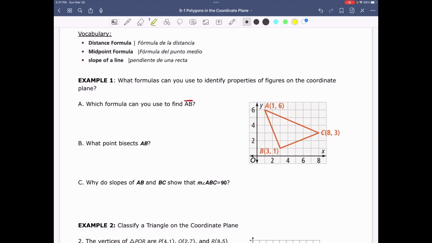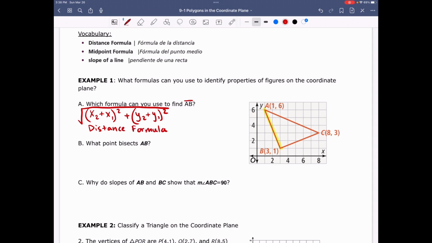And they mean the distance from A to B. So we will use the distance formula, which is x2 minus x1 squared plus y2 minus y1 squared, and then take the square root. And that is the distance formula.